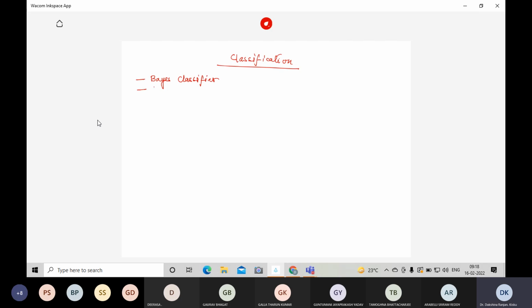Then we will be talking about the Naïve Bayes classifier, and then we will be talking about the likelihood method.